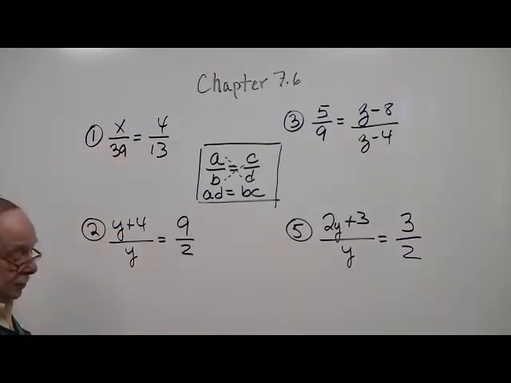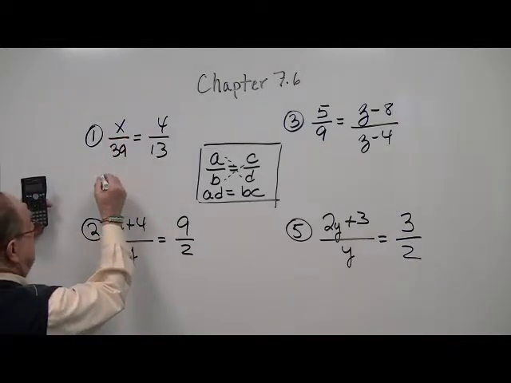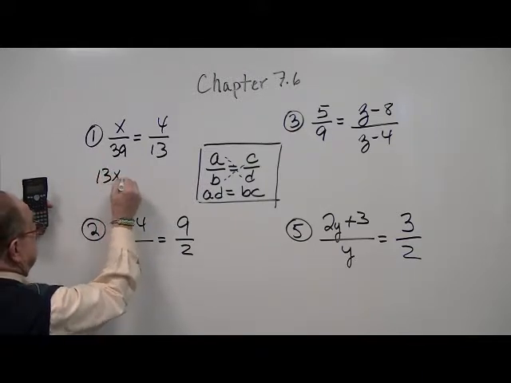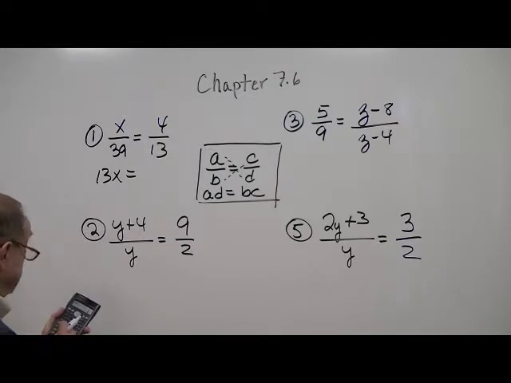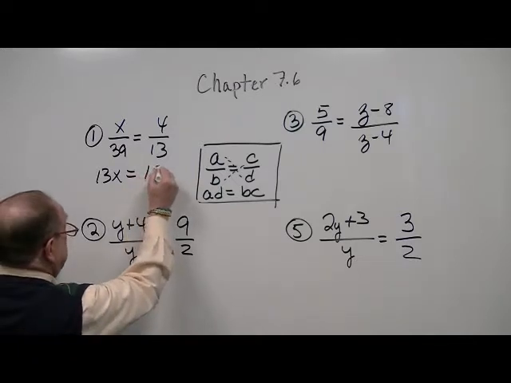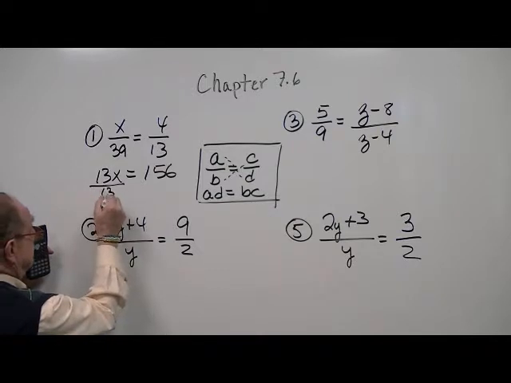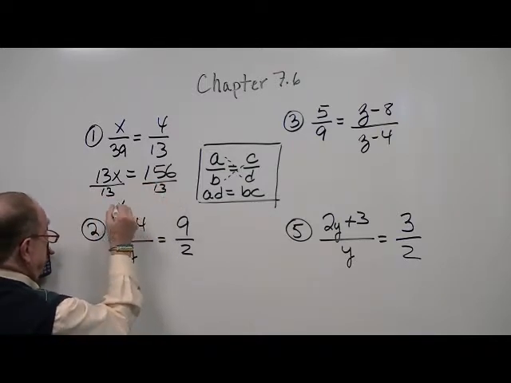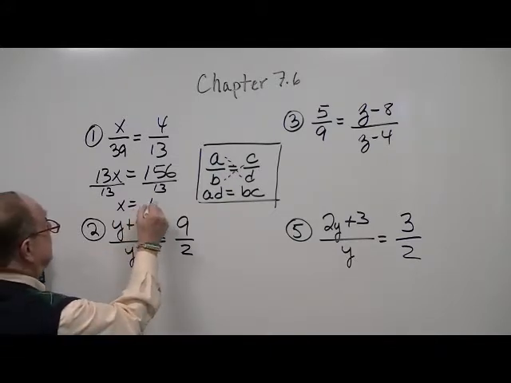So we're going to cross multiply, and today I did bring a calculator, so this would be 13x equals 4 times 39, which is 156, and then we divide both sides by 13, and we get x equals 12.